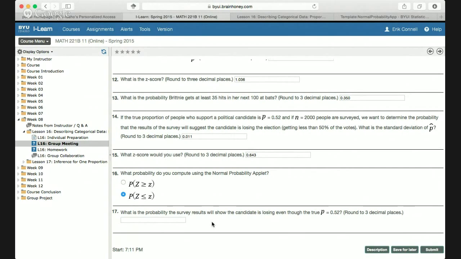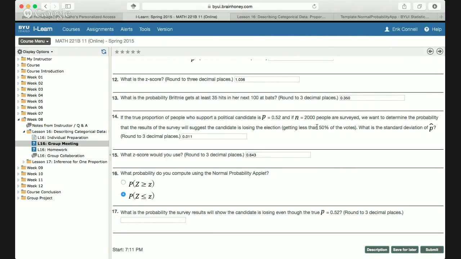So when we just take 2,000 times 0.49, take that value and divide it by 2,000, because for him to be losing, he has to be getting less than 50% of the votes, right?